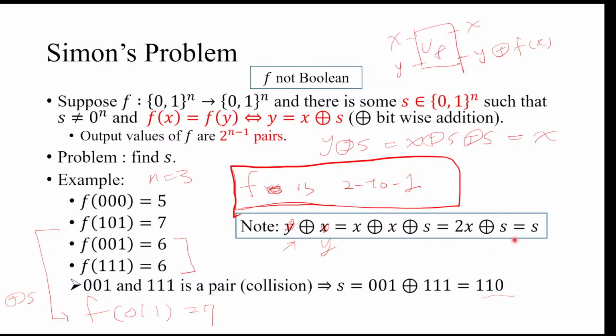Twice of x equals 0 when we add modulo 2, so this is just s.